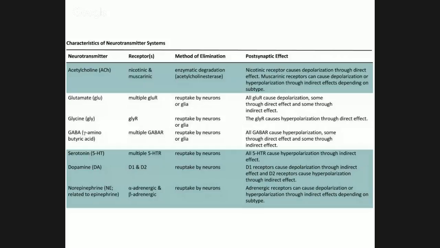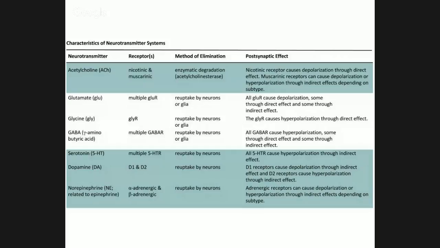Now, positive ions could go either way, whether we're talking about sodium, calcium, or potassium. Chloride's only going to enter into the cell because that's the way its concentration gradient works. Okay. But when you allow negatively charged ions into the cell, it's going to cause hyperpolarization.